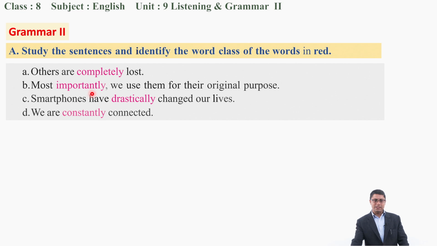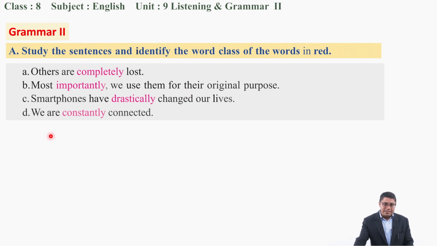See the word importantly. Next, smartphones have drastically changed our lives. Look at the word drastically. And the last one, we are constantly connected. Look at the word constantly. So, completely, importantly, drastically, and constantly. These words are red in color.